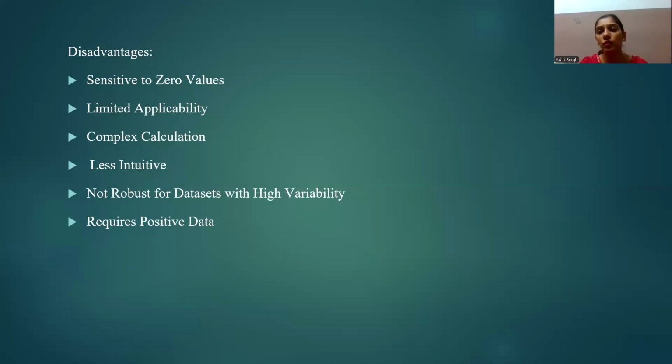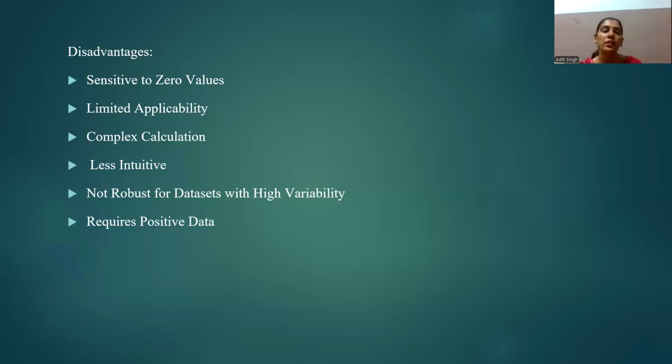We can say that harmonic mean is a valuable statistical tool in business statistics, especially when we are dealing with rates, ratios and efficiency metrics. Its ability to accurately reflect the average of rates and balance the impact of extreme values is very useful for measuring central tendency in specific contexts.